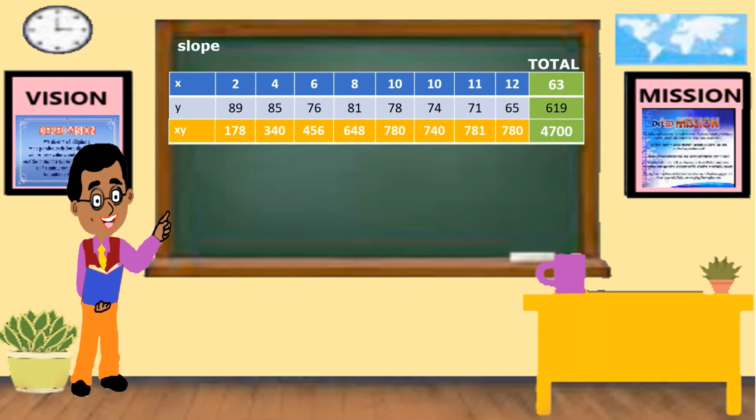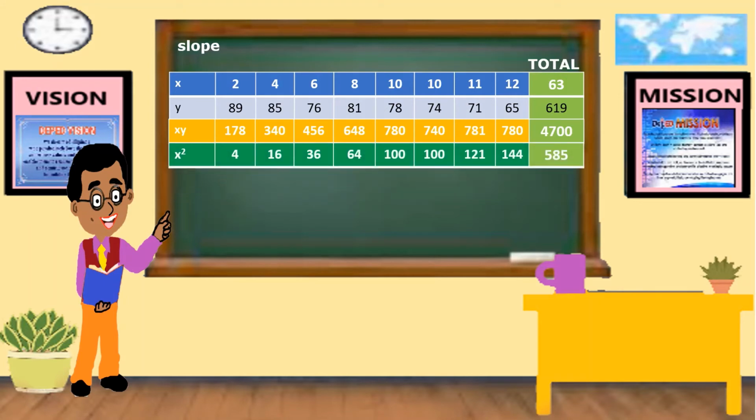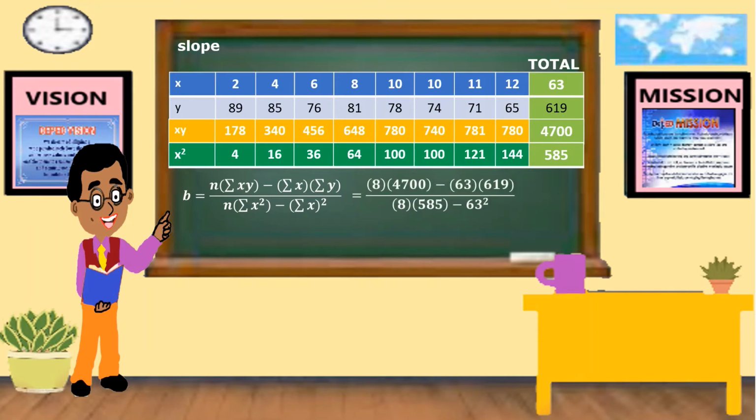Next is xy, the product of x and y, with a total of 4,700, and x squared, where you multiply x by itself, with a total of 585. Using our formula, we substitute the given: 8 times 4,700 minus 63 times 619, all over 8 times 585 minus 63 squared.